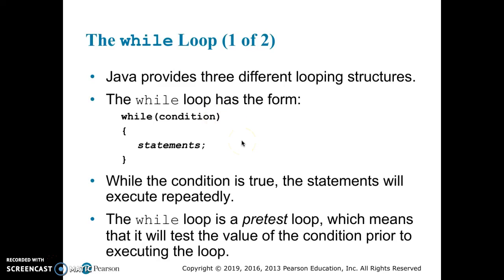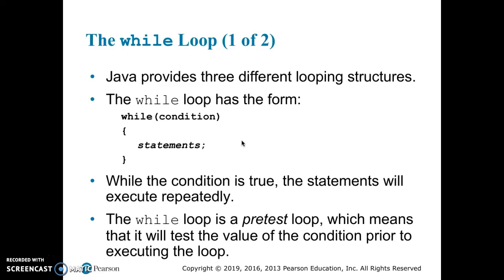And we have this concept of pretest, which means: when is the condition tested? The while loop is a pretest loop, which means that the condition is tested prior to executing the loop. Which means that if the condition is false, the loop won't execute at all.